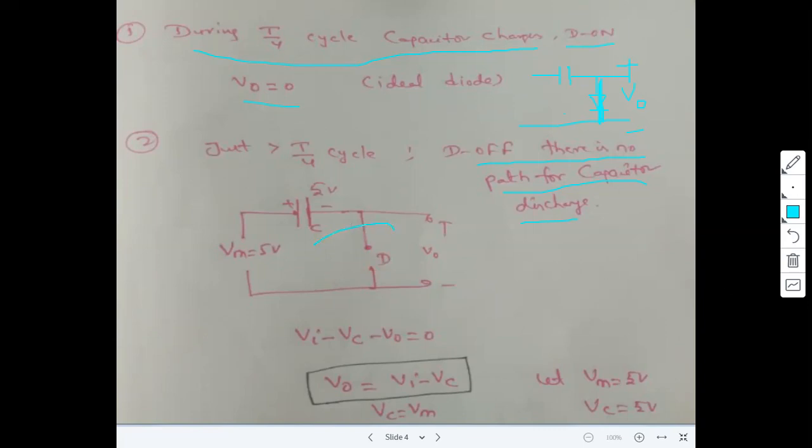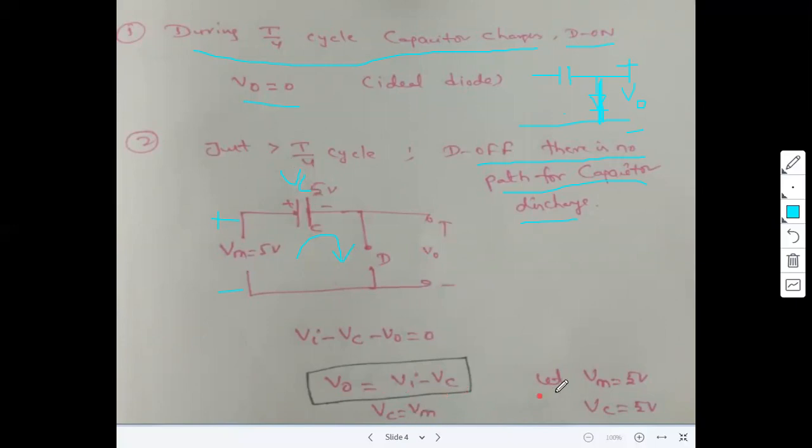Now, how do we find the output voltage? Apply KVL to this loop: Vi minus Vc minus V naught is equal to 0, where Vc is the voltage across the capacitor. From that, V naught is equal to Vi minus Vc.